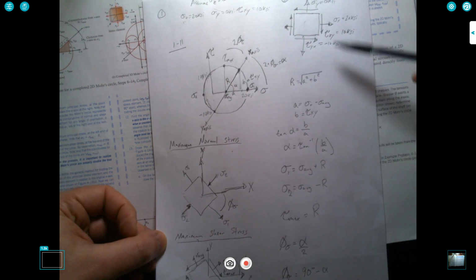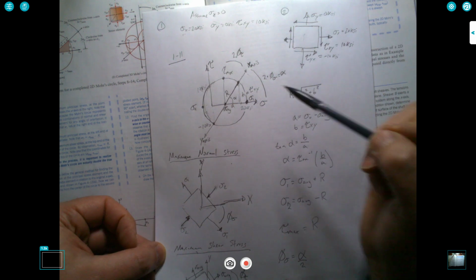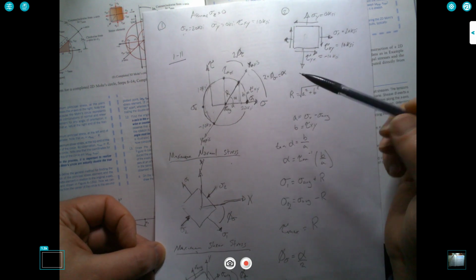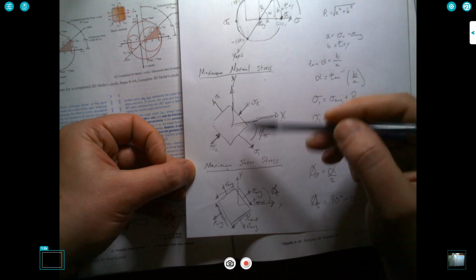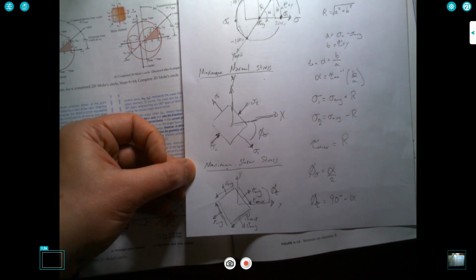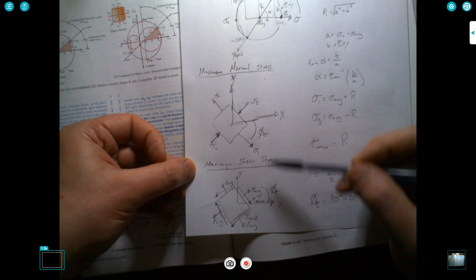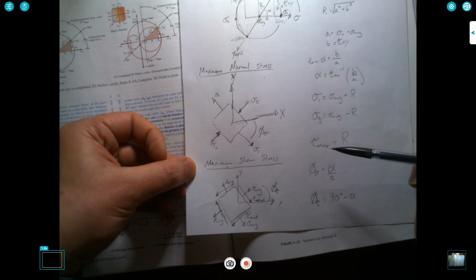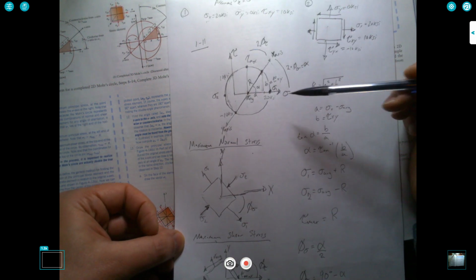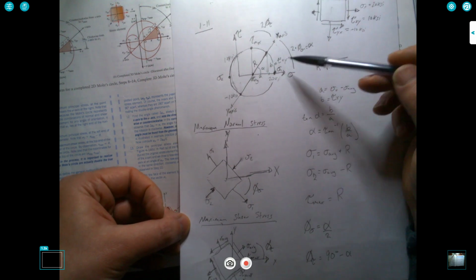I kind of did a generalized version, but I was seeing everybody was doing the first one rather well, except for a few screw ups on the normal stress and maximum shear stress angles and how to apply those to your stress elements. So please look over the stress element drawings, especially on the first one.